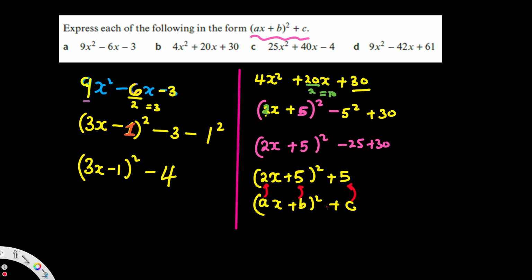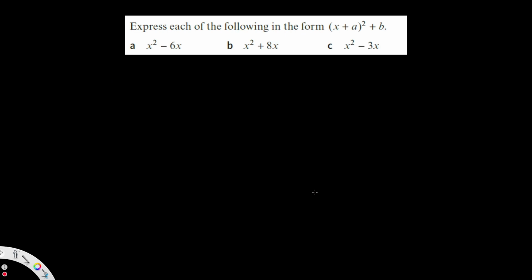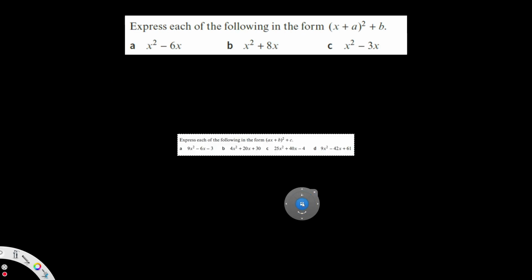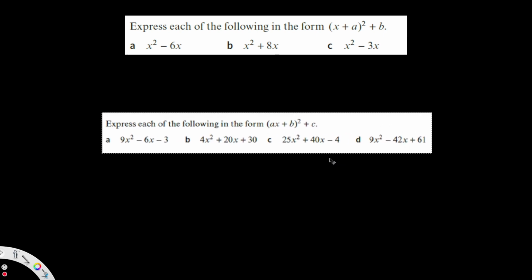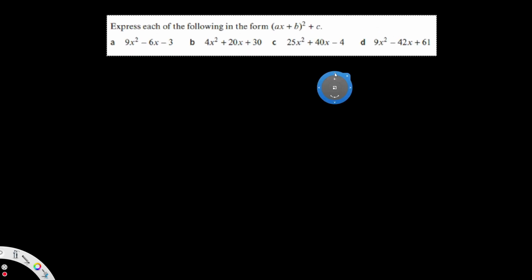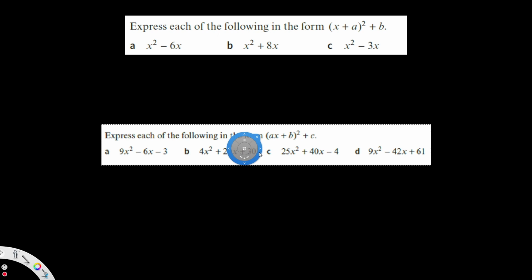I want to give you another alternative method which you can use in order to solve such a question. Let me just give you an alternative method and we see whether we are going to arrive at the same answer.